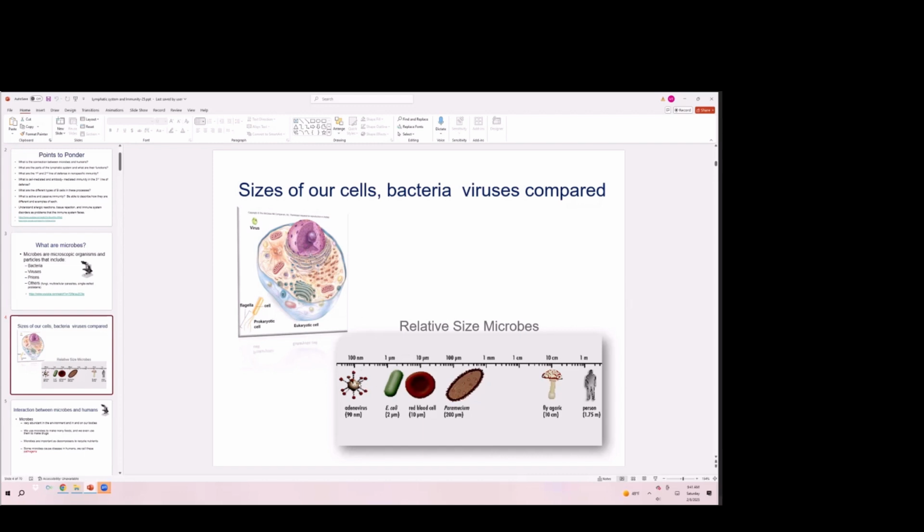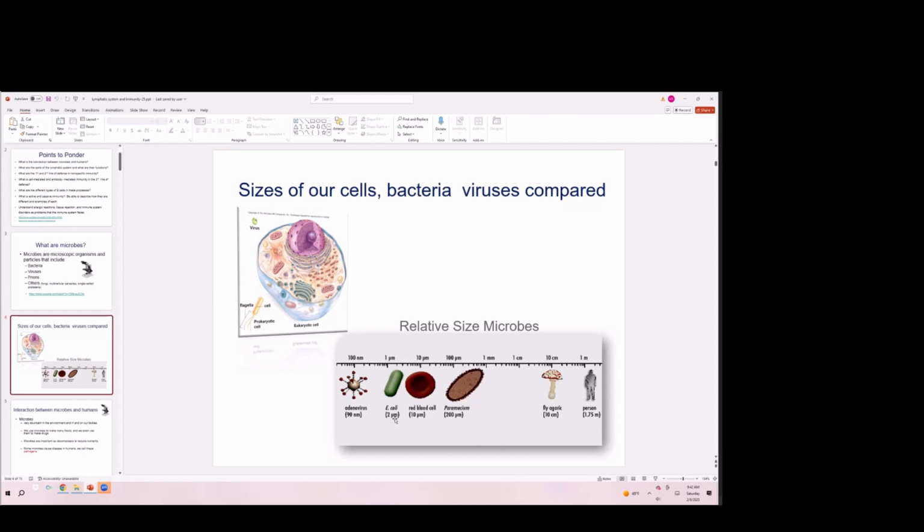An example virus, adenovirus, is 0.009 micrometers, which is 9 nanometers. Then a bacterium is around 2 micron, and our red blood cells are 10 micron.